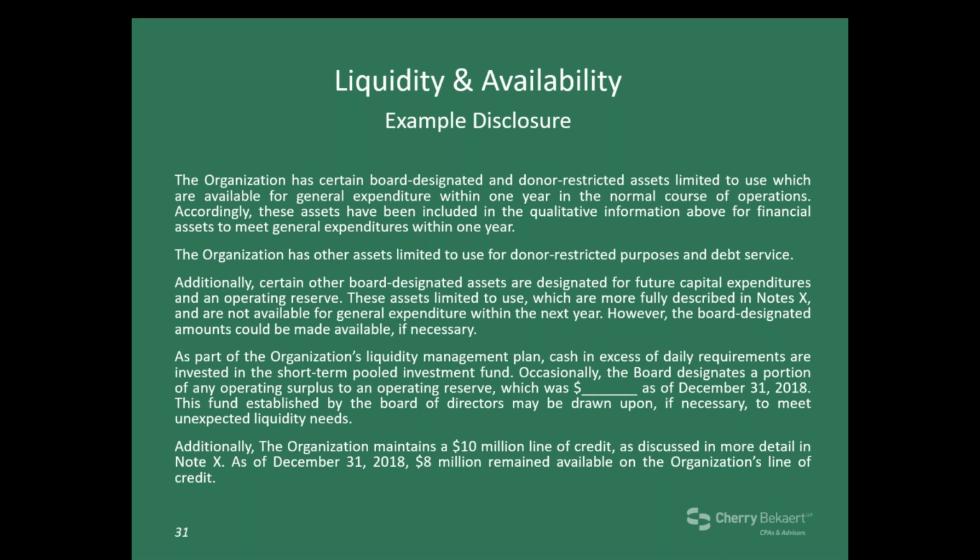This example also goes on to discuss liquidity management plan and how they invest their cash. And then at the very bottom it says the organization also maintains a $10 million line of credit, as discussed in more detail at Note X.